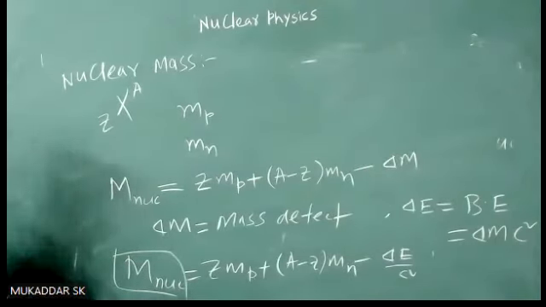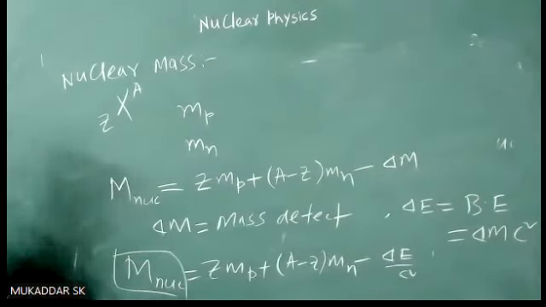Okay. So for the gold nucleus, what is the atomic number? 79. Very good. Mass number is 197.